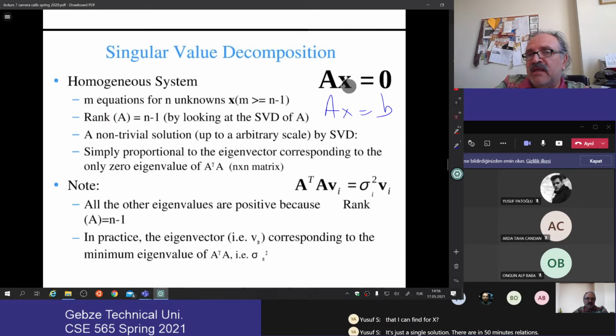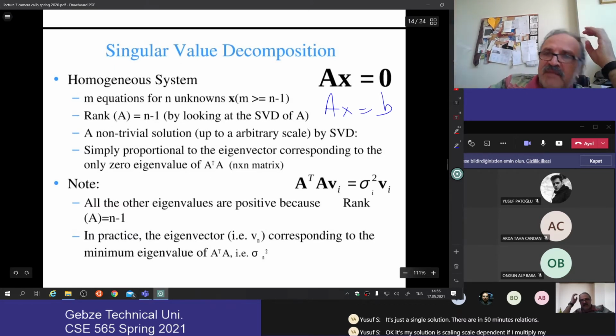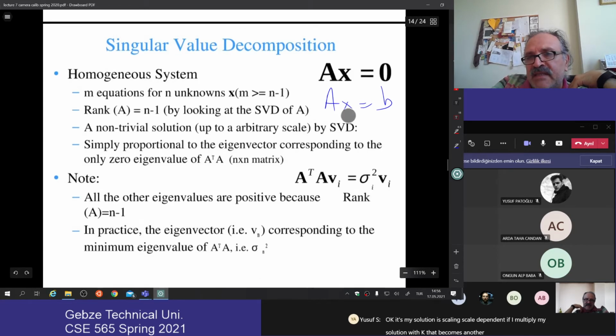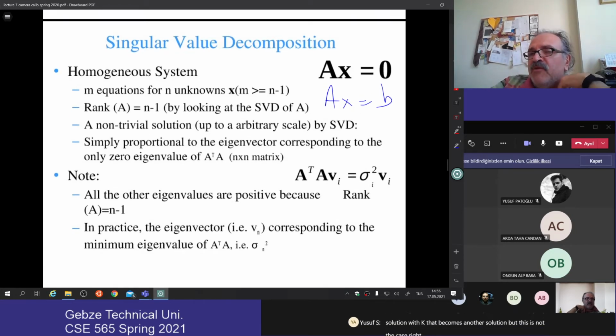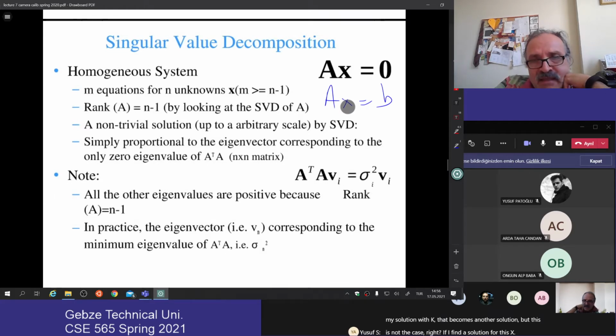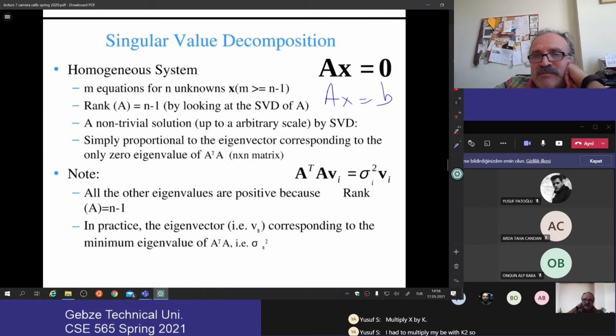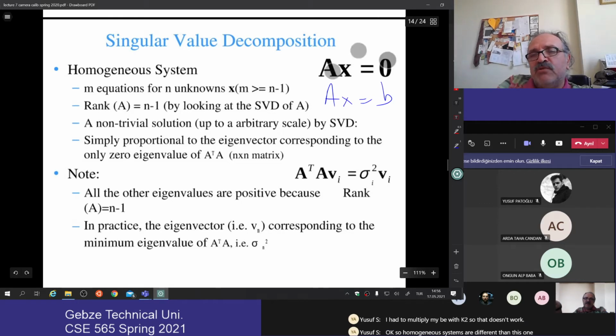My solution is scale dependent. If I multiply my solution with k, that becomes another solution. But this is not the case here, right? If I find a solution for this x and multiply x by k, I have to multiply my b with k too, so that doesn't work. So homogeneous systems are different than this one. There is a trivial solution for this one, but there is no trivial solution for this system.